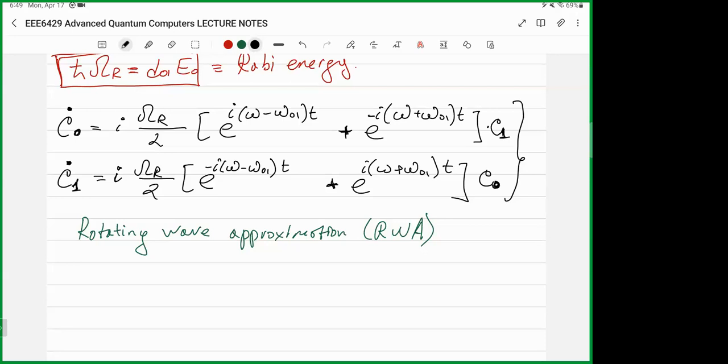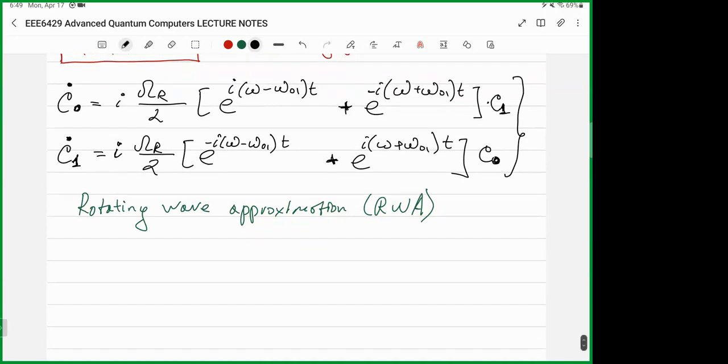So these two equations are connected and have to be solved simultaneously, and this is a very difficult problem to solve analytically.